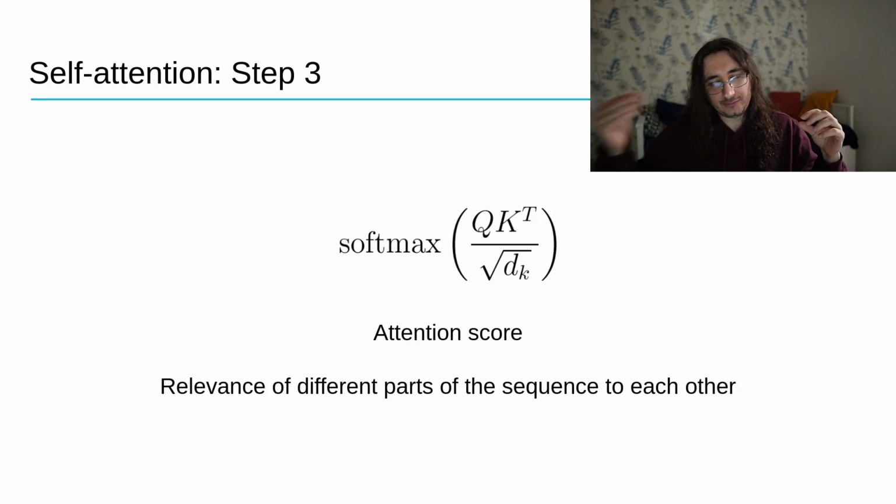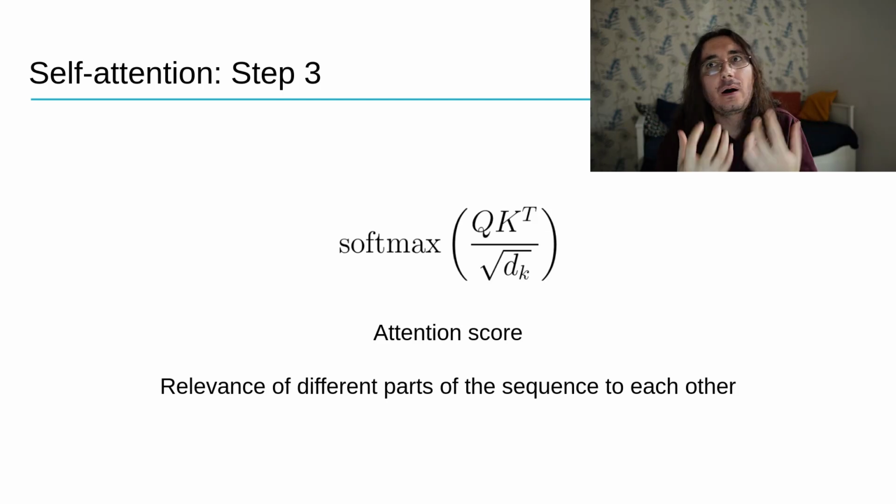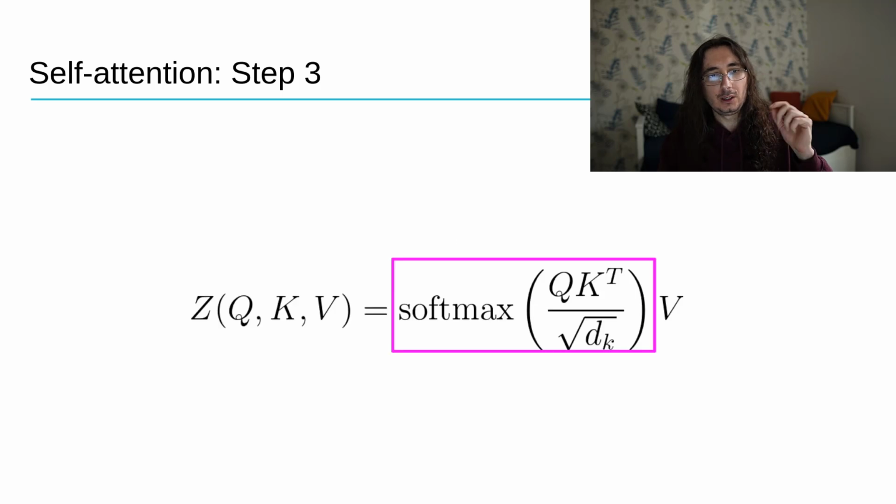So how relevant those other words are in relationship with the original, the target word. So this is an attention score because it's a relevance score. So how important are the different connections between words? Good. So this is step 3.